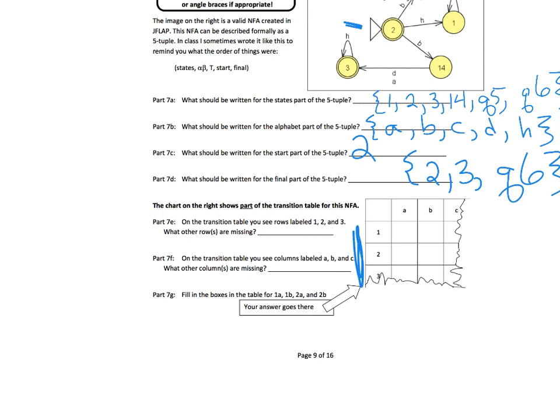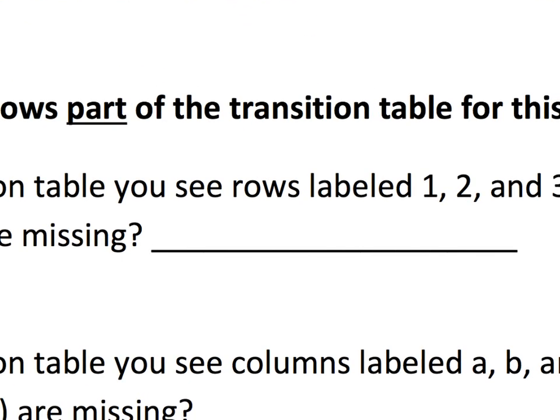Yes, so we need a row for every other state, and what are our other states? The rows that are missing are 14, and I'm just looking at my answer up there, Q5 and Q6, right? So that should really go in here: 14, comma, Q5, comma, Q6, right?